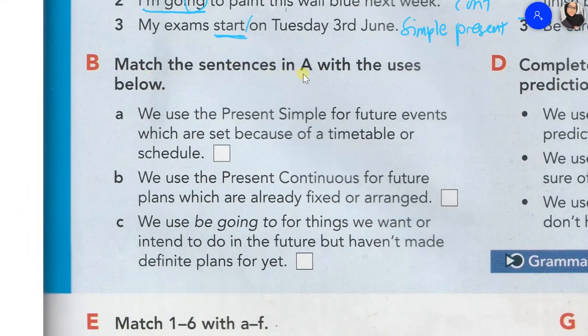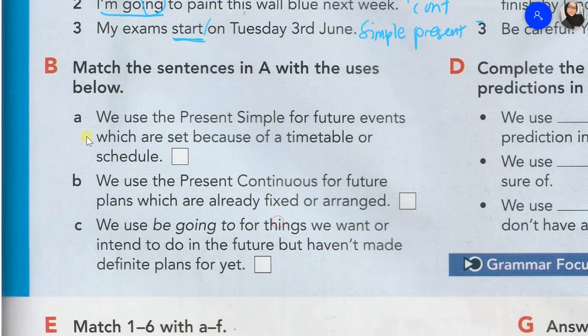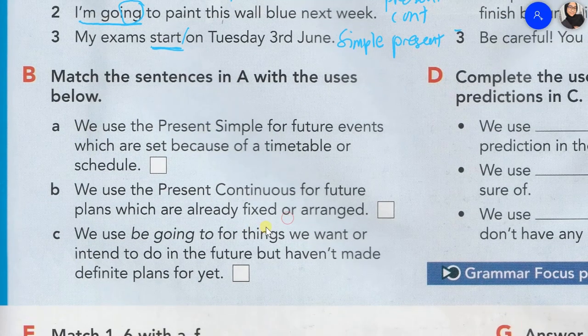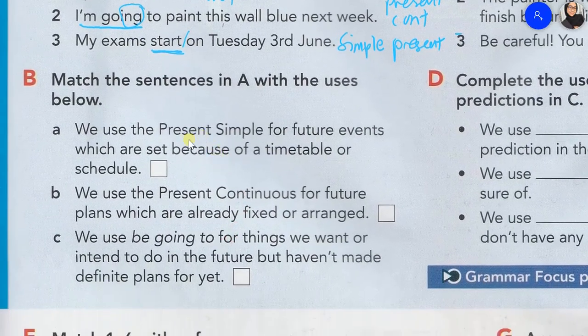Match the sentences in A with the uses below. Okay, so look at this. We've read the sentences here, right? So the descriptions here in A, B, C are the explanations of the sentences in task A. So which description here explains the sentences above? Let's look at one by one.